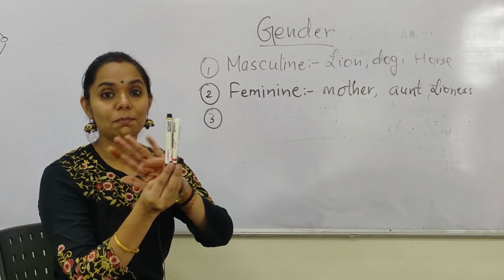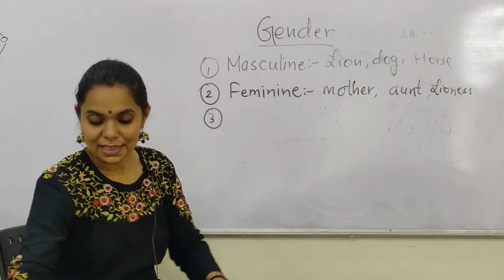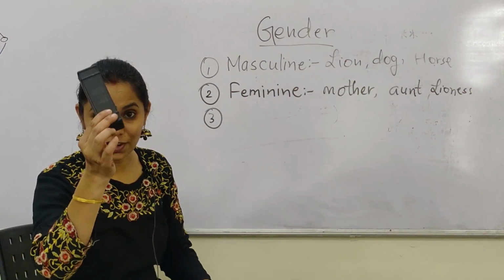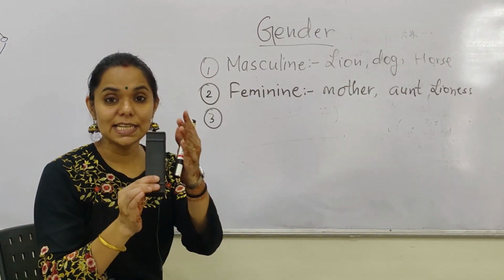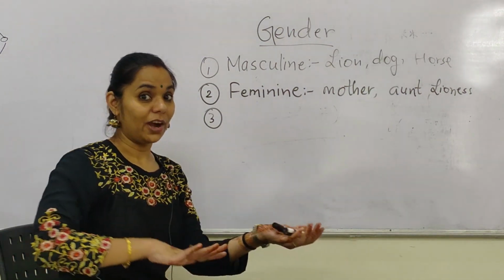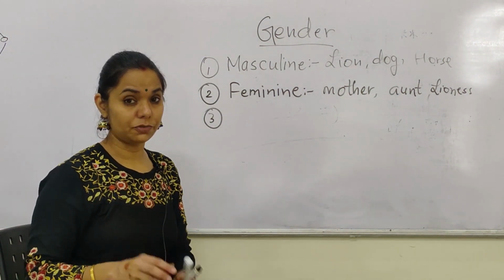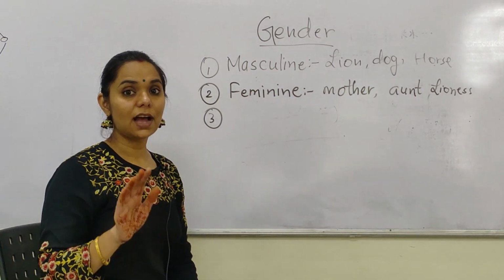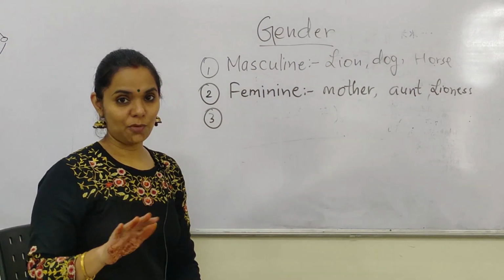These things are not masculine and feminine. The same applies with this water bottle. The same applies with this duster. They don't create families, and that's why these are neuter gender. They are not masculine, they are not feminine. So these things, all the stuff, the objects, these are non-living things, and those things don't have any gender.